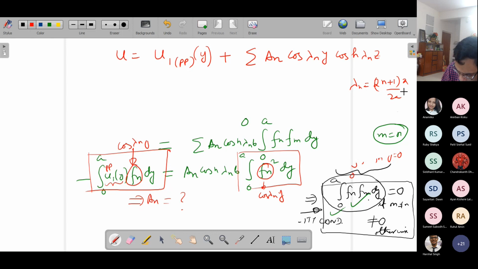And an is what you get from this equation. So this is the actual rigorous solution of this problem.